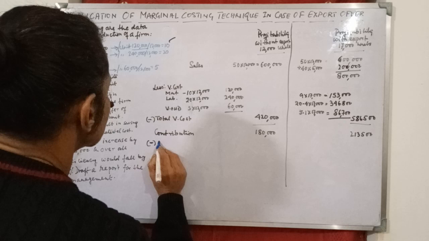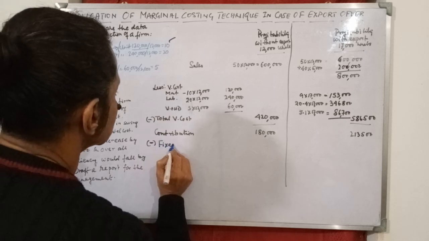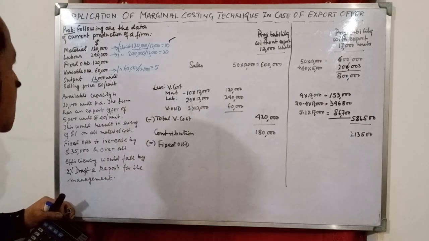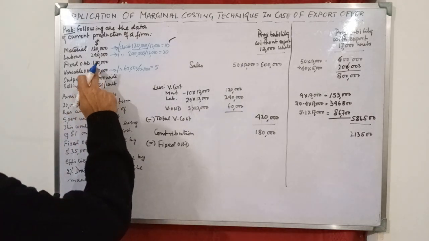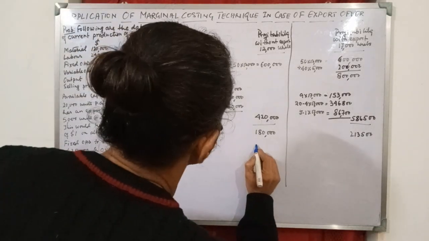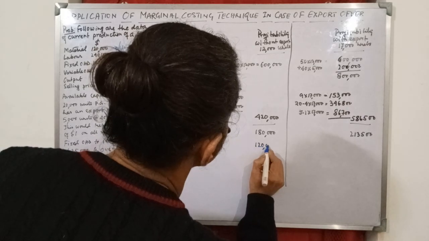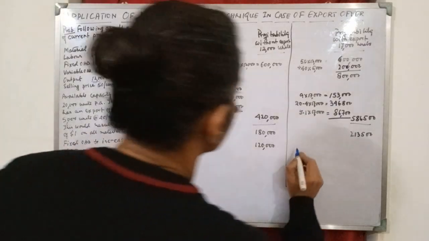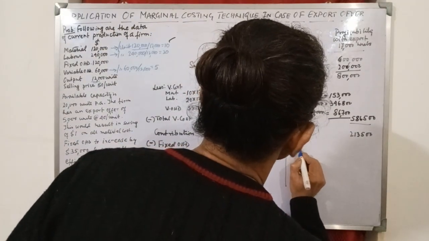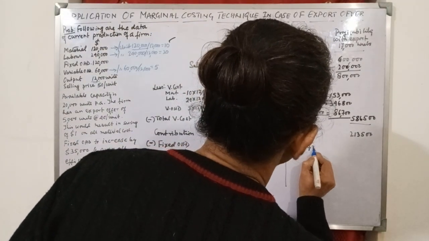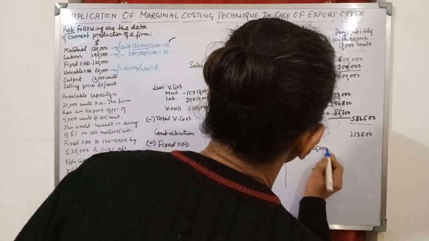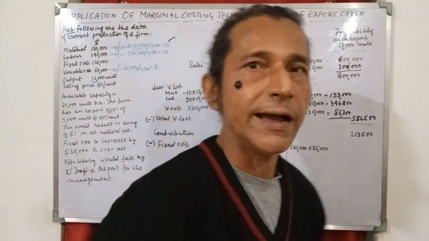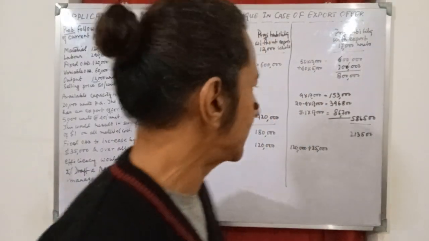Minus fixed overhead. Without export order it is 120,000, and with export order it is 120,000 plus 35,000, because if export order is accepted then the firm has to bear additional fixed overhead of 35,000.